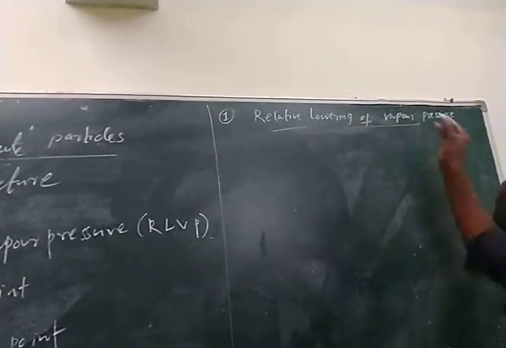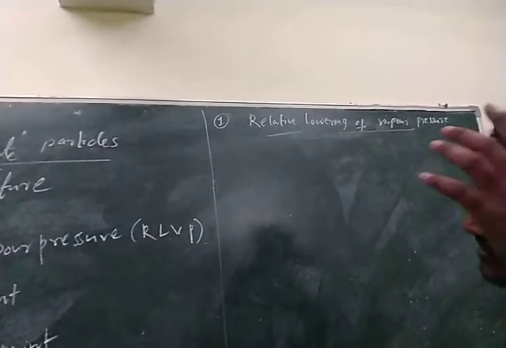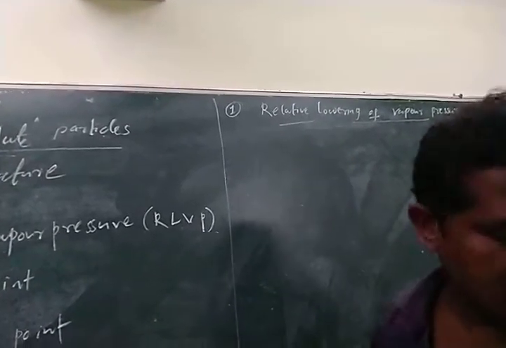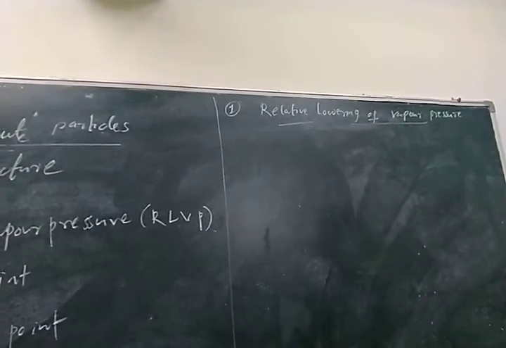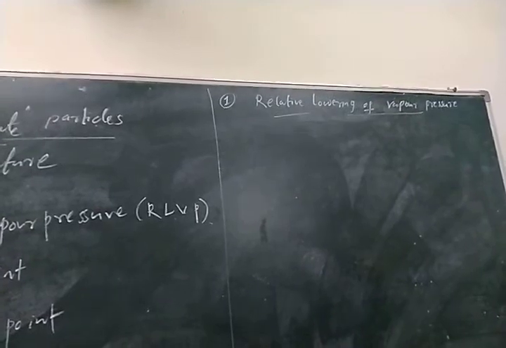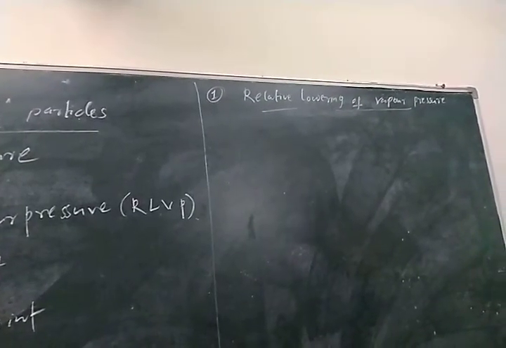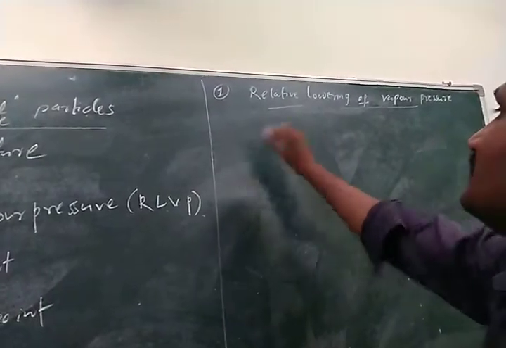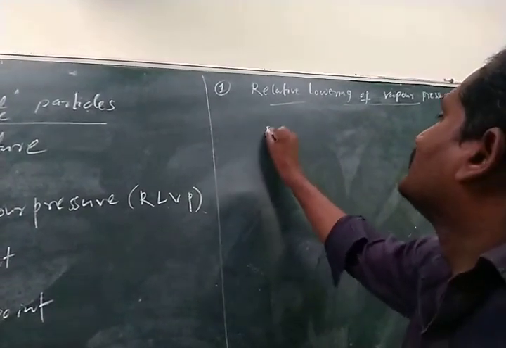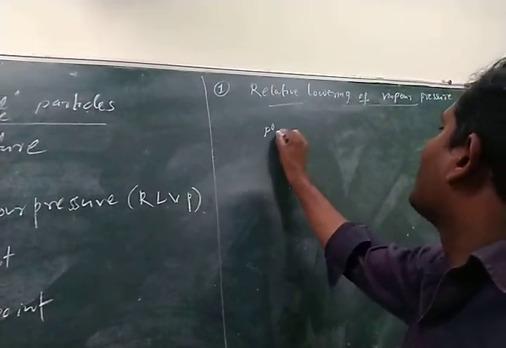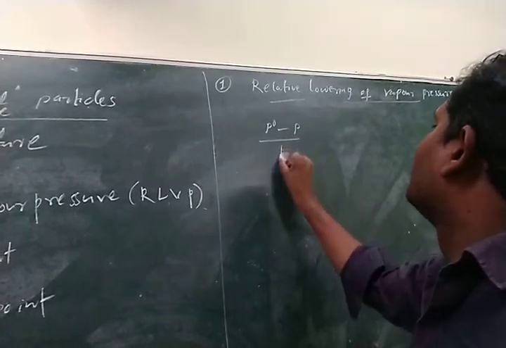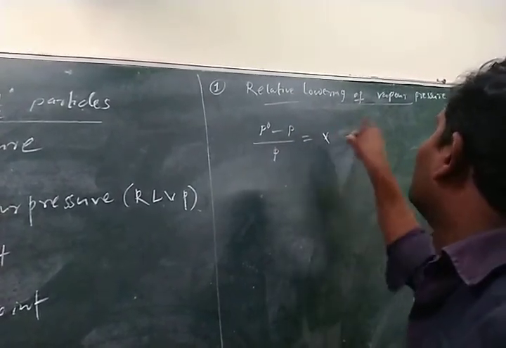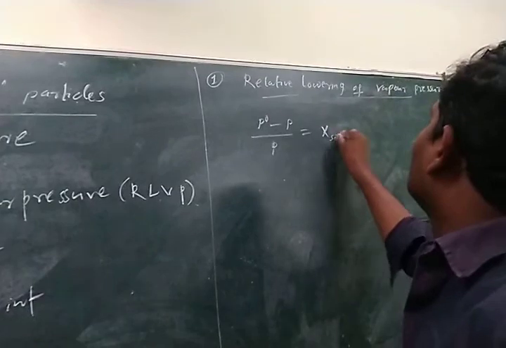According to this, the relative lowering of vapor pressure of the solution is equal to the mole fraction of the solute. That is, P naught minus P by P naught equals mole fraction of solute.